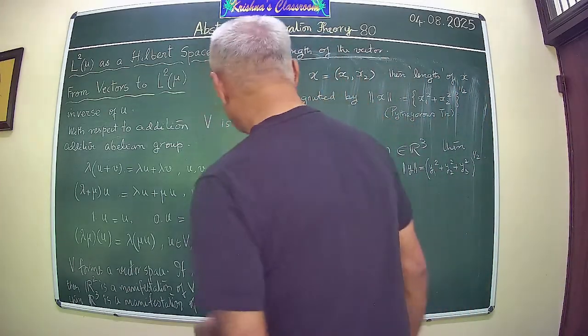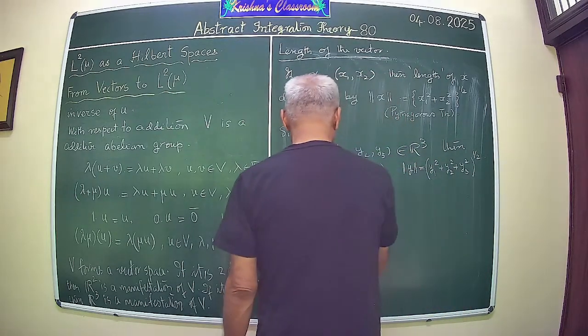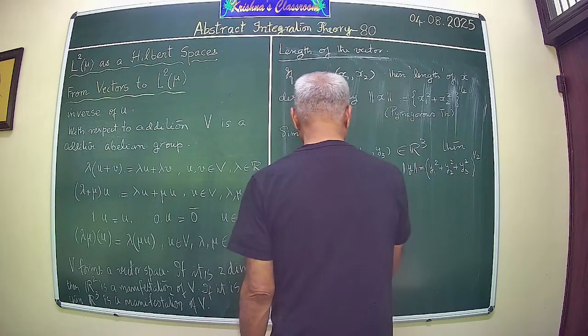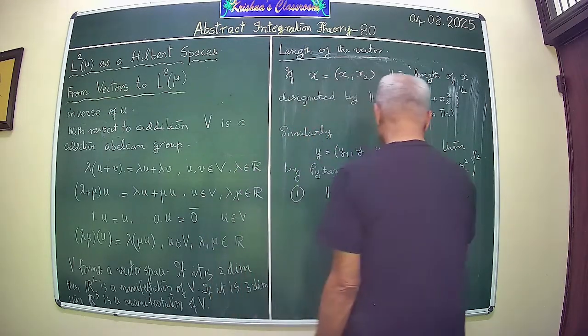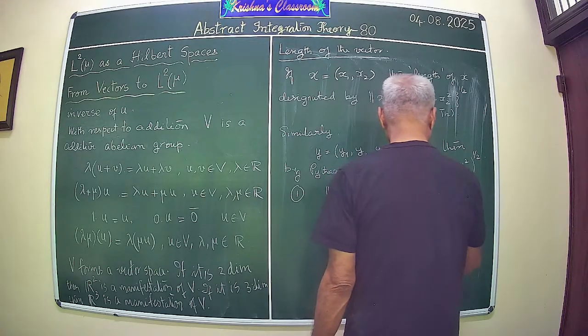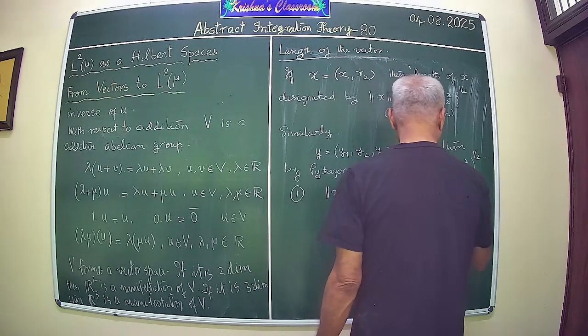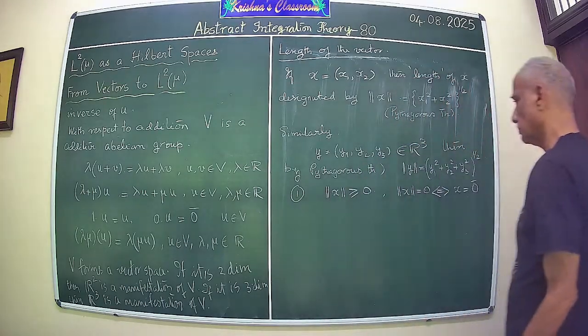Once again, you observe that this is equal to 0. This is the zero vector.